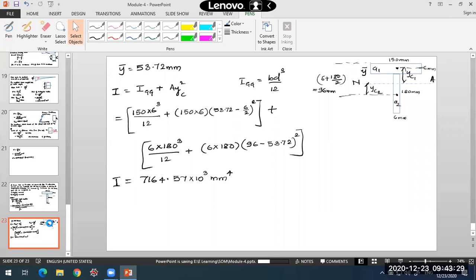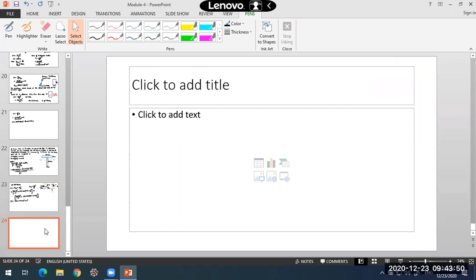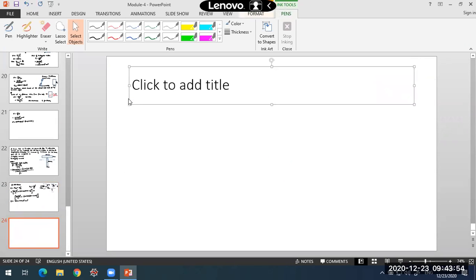Yes, sir. Fine, 716. Or else you may get it in terms of 10 raised to 6 also, or 7.1645 into 10 raised to 6, if you get it in other factors. Okay, now we have the properties of the section here.